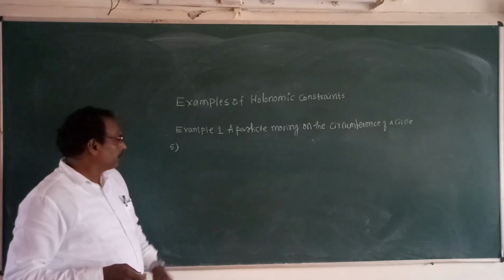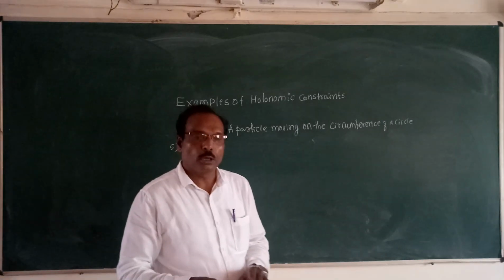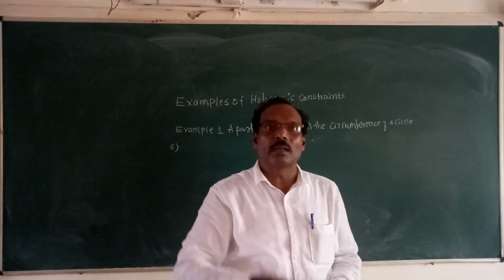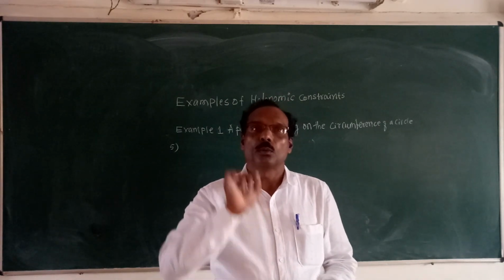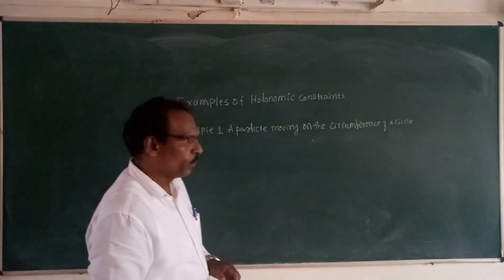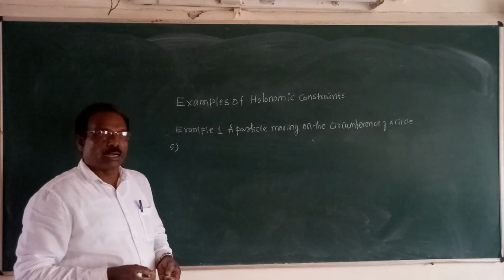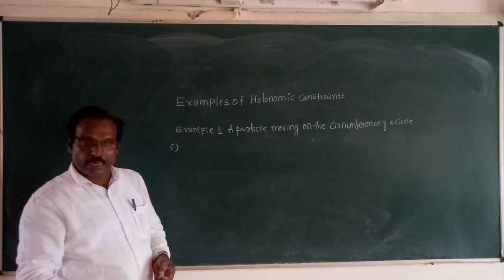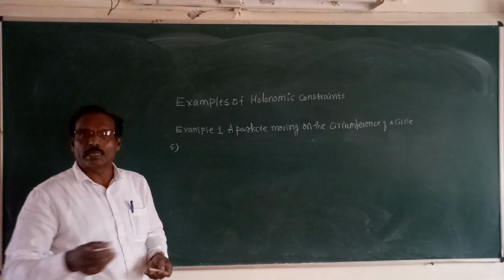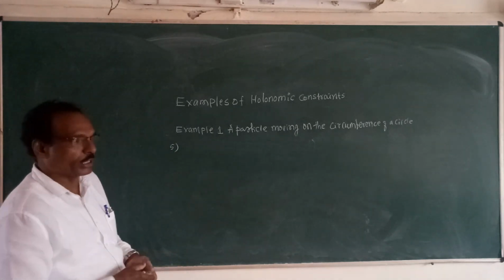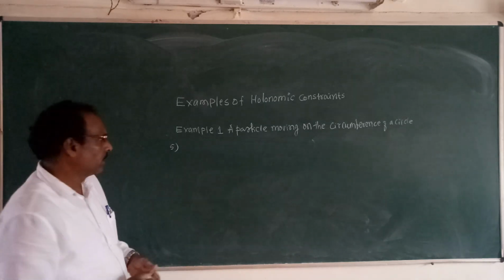Example number 5. You have come across this. Say a particle or a body is thrown vertically upward. When a body is moving in a vertically upward or downward direction, we have studied this motion along a straight line in PU first year, that is S is equal to ut plus half at square.